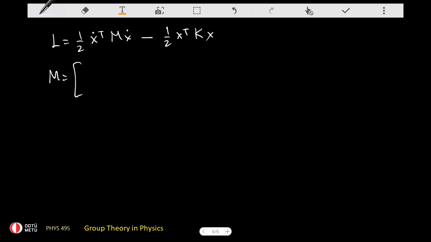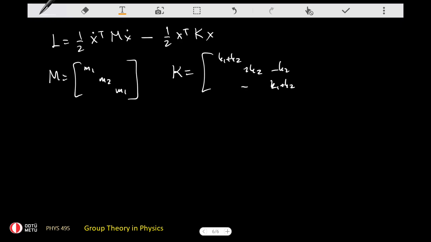Mass matrix is this M1, M2, M1. It's not that simple anymore. What's K matrix? I have just written this thing down. So that's K1 plus K2, 2K2, K1 plus K2, minus K2, minus K2. All right.